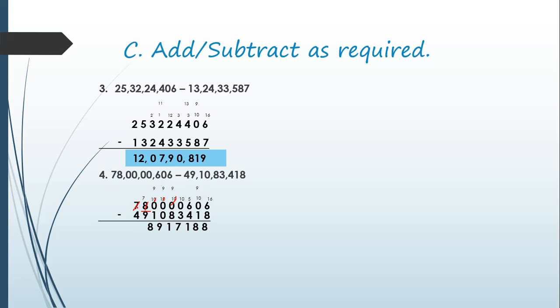So this 7 became 6, and this 7 became 17. 17 minus 9 is 8. 6 minus 4 is 2. Hence we got the final answer as 28 crore 89 lakhs 17,188.